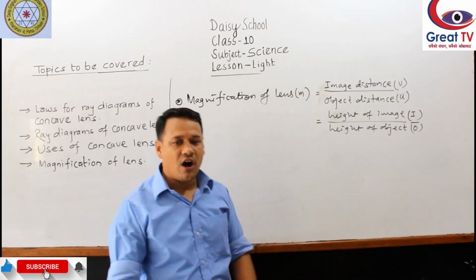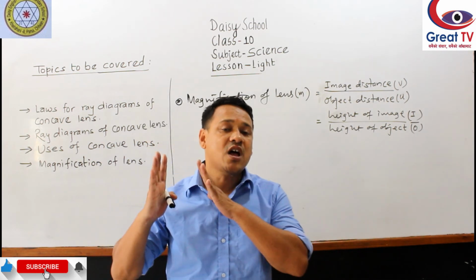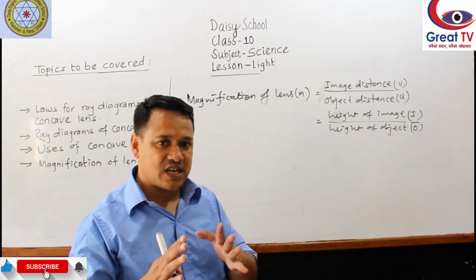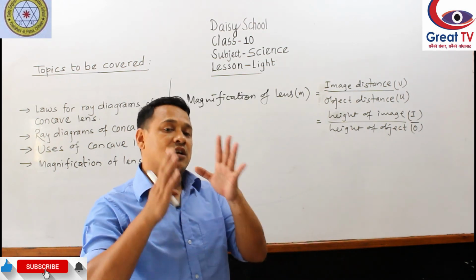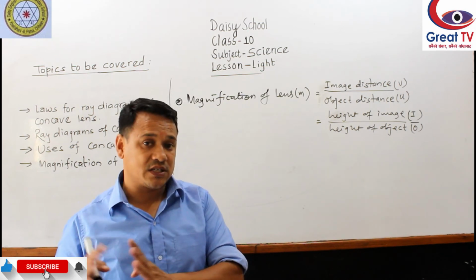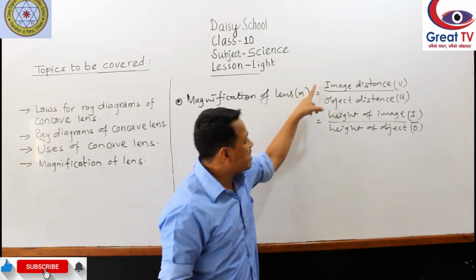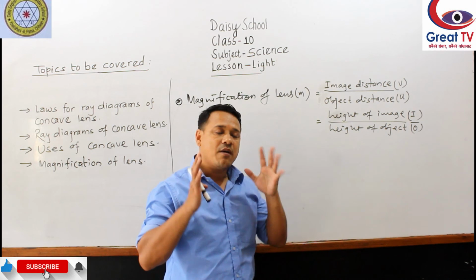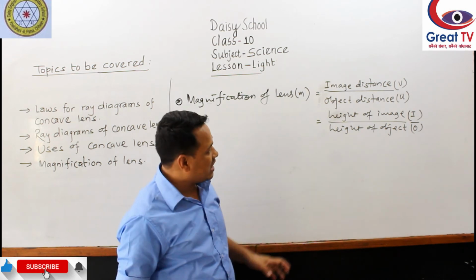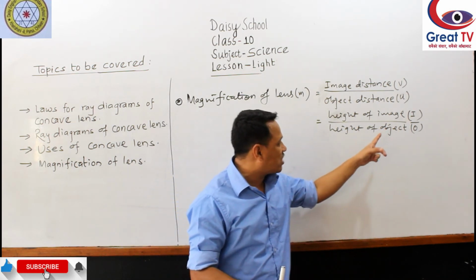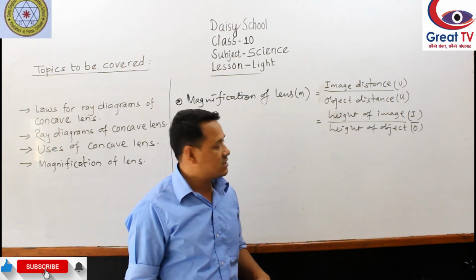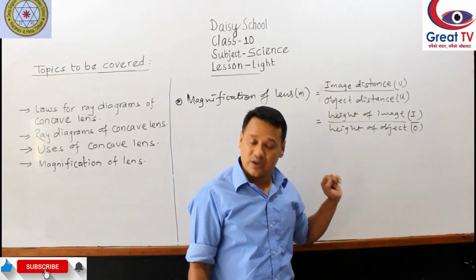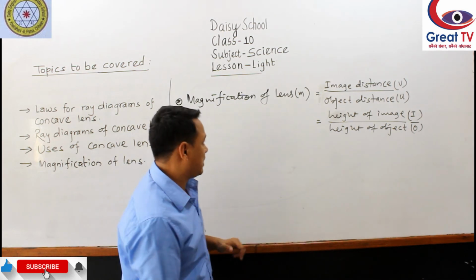Image distance means optical center to image, and object distance means optical center to object. V by U or I by O we use for magnification of lens.